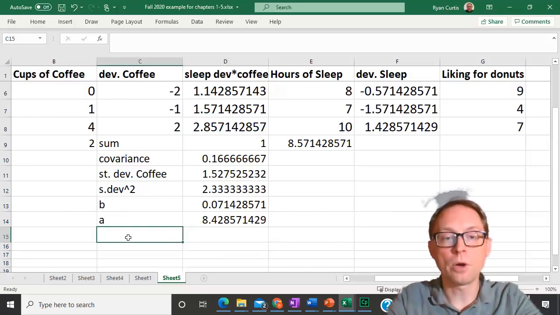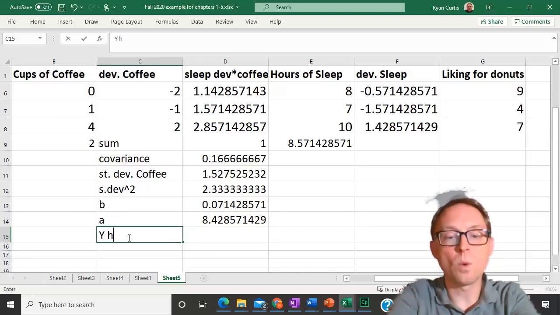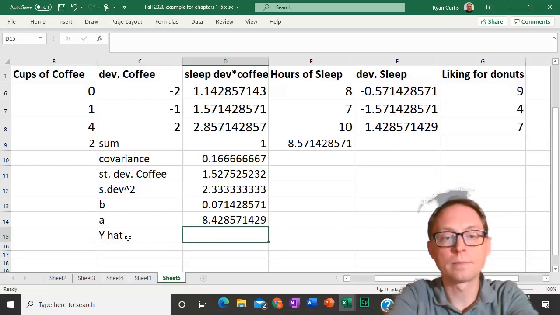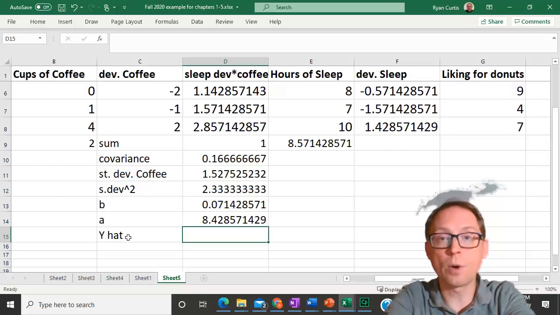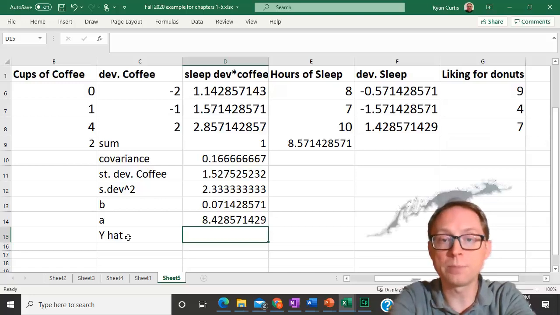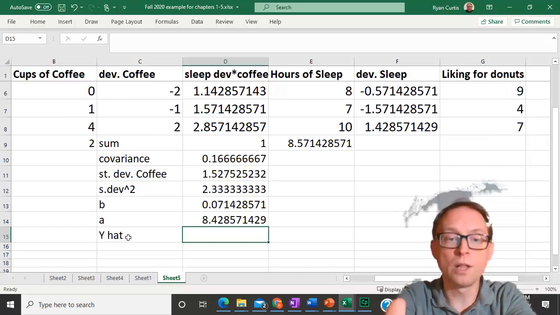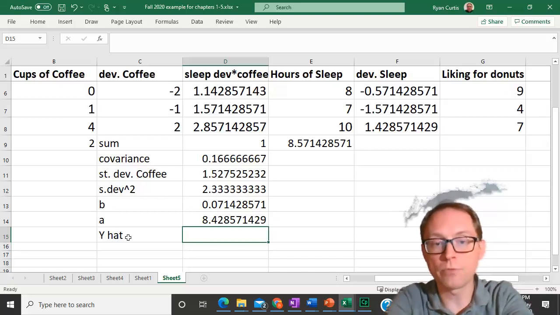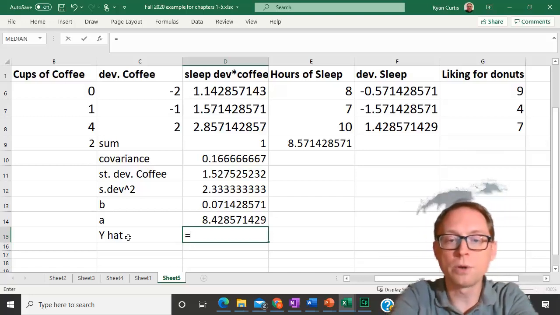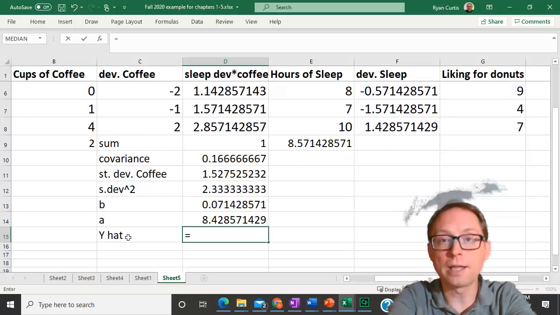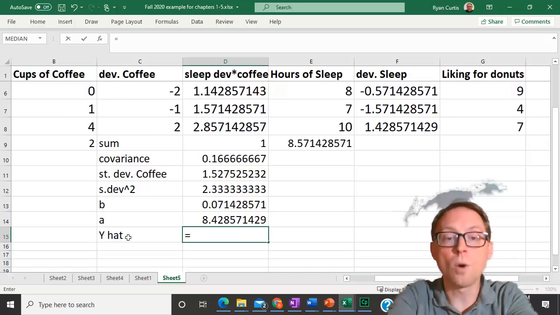Okay, if I have these, then what is y hat? Y hat is the predicted value of y. Y is sleep. I want to know if I have exactly 8 cups of coffee, how many hours of sleep do you predict I will get? Well, if I have 0 cups of coffee, you'd predict I get 8.42 hours of sleep. So let's figure this out. This is going to be the slope of the line, just like we've done before. So y equals bx plus a.